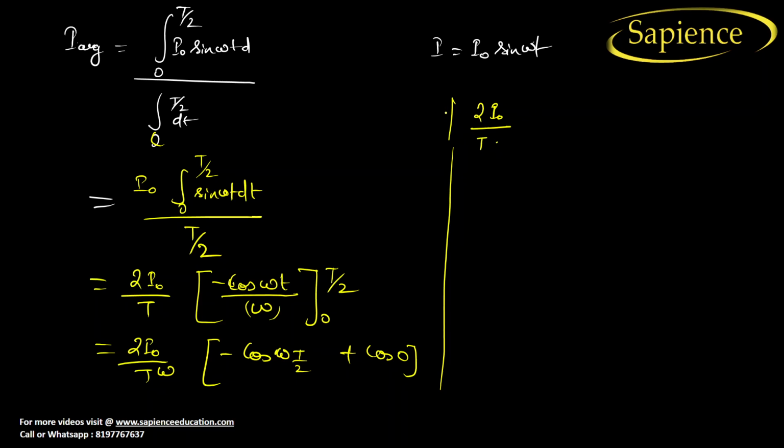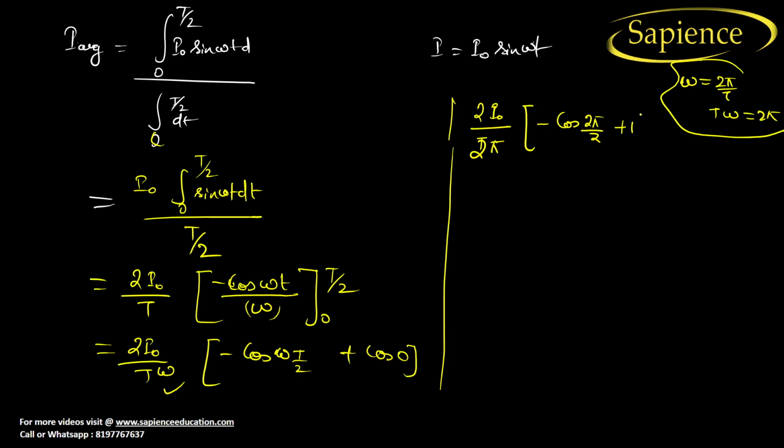Let us find the value of T omega. Omega is equal to 2 pi by T, so T omega is equal to 2 pi. Wherever we find T omega, we can write 2 pi. So omega T by 2 is 2 pi by 2, giving minus cos 2 pi divided by 2 plus 1.